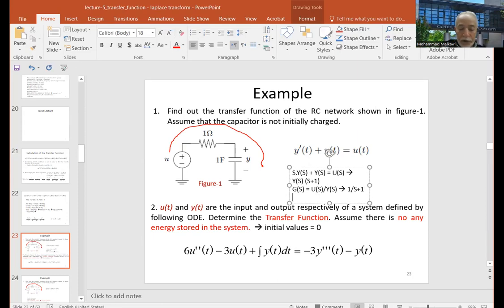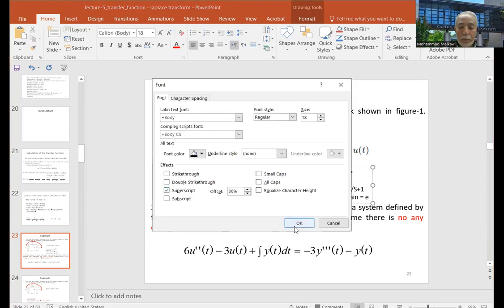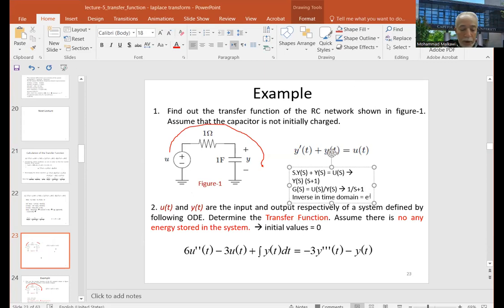So if I do the inverse in time domain, it equals e to the power minus a t, where a is my constant a. In this case, it's 1.